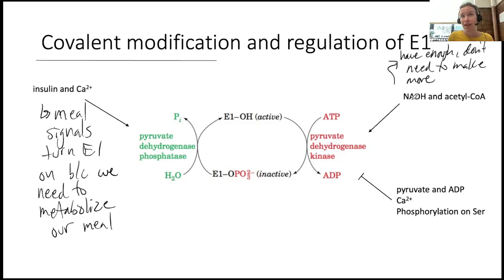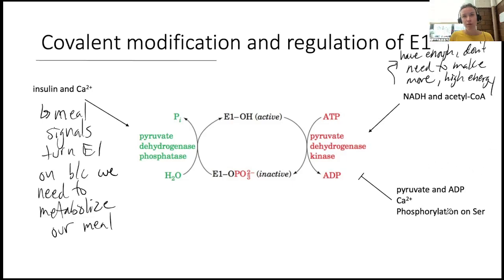Also recall that NADH and acetyl-CoA are both high energy molecules. We don't fully understand yet why redox molecules are considered high energy, but acetyl-CoA contains a high-energy thioester bond. So in addition to thinking like, oh, we have enough, we don't need to make more, these are also high-energy signals. And the point of pyruvate dehydrogenase is to metabolize food to produce energy. So if we have enough energy, we don't need to make more.